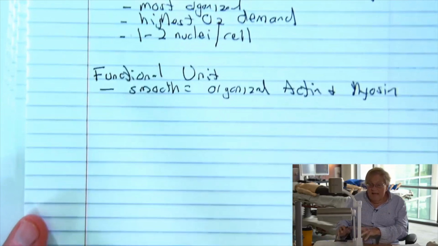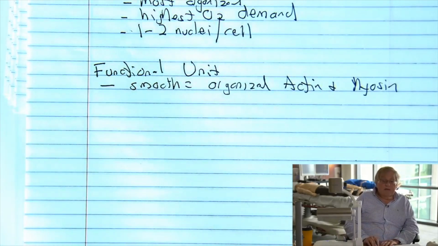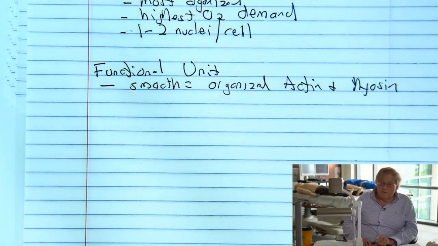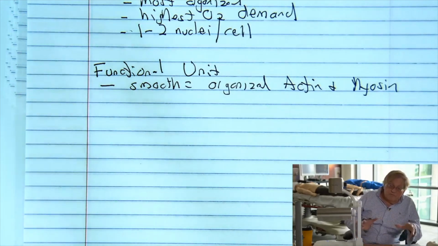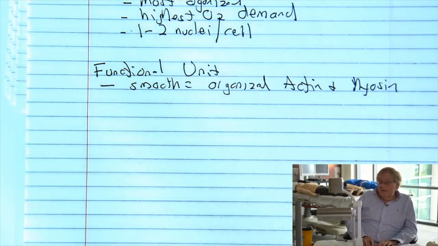So it's not that well organized. I cannot tell it what to do, and even if I could, it would not be able to move just like I can move my finger an eighth of an inch. I could not tell something in my intestine to move an eighth of an inch.